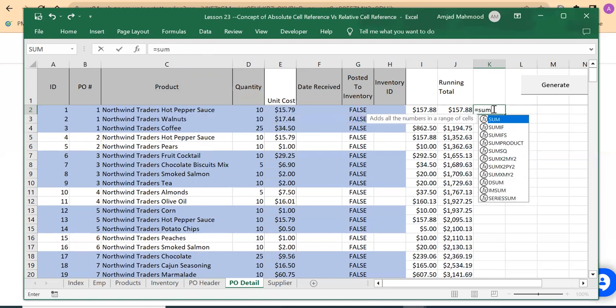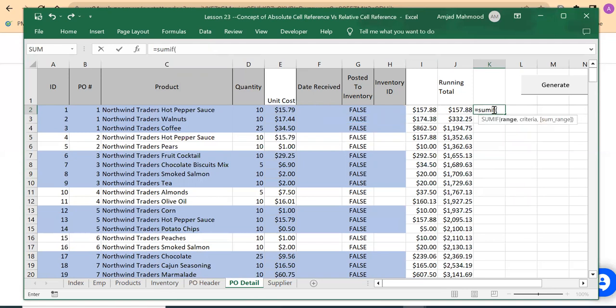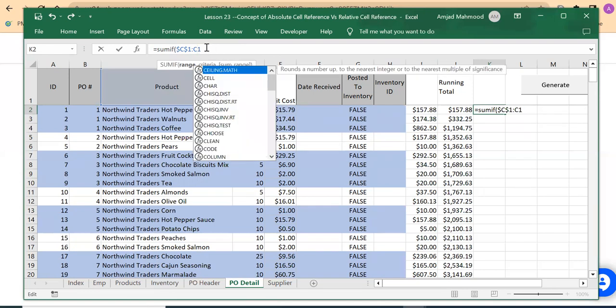Equal to SUMIF, starting the bracket, the range is this colon, we put a colon here, and then we make an F4 here, in such a manner that we remove the second portion of the range with the dollars, right?